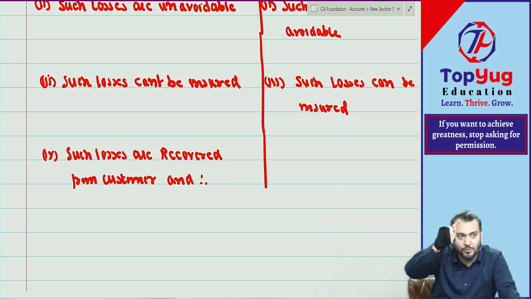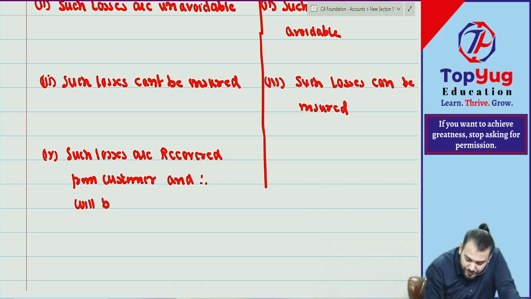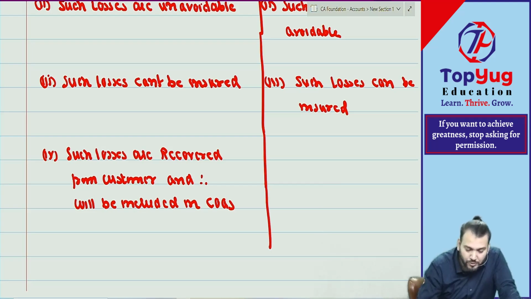Cost of goods sold understood. Opening stock plus purchase plus direct expense. So it is a part of direct expense and therefore will be included in COGS, cost of goods sold.